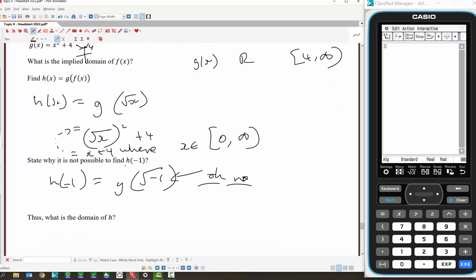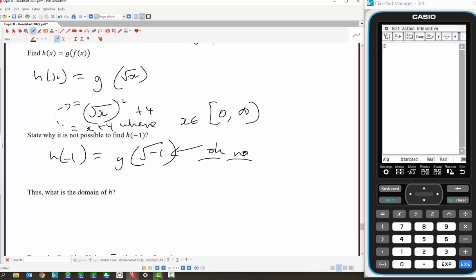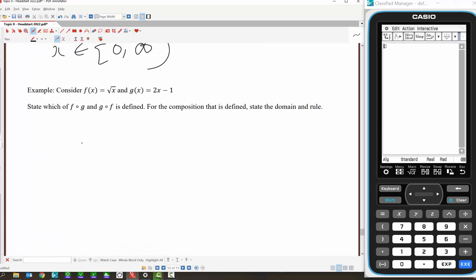So therefore, it's not possible to find h of -1, even though if you look at this linear, you might go, but like put it in that one. -1 plus 4 is 3. What's wrong with that? And the reason is that it's not true for this one, which is the step before it. Okay. Alright, so the domain of h, we just wrote it down here, but let's just write it again. 0 to positive infinity. It's not all real numbers.